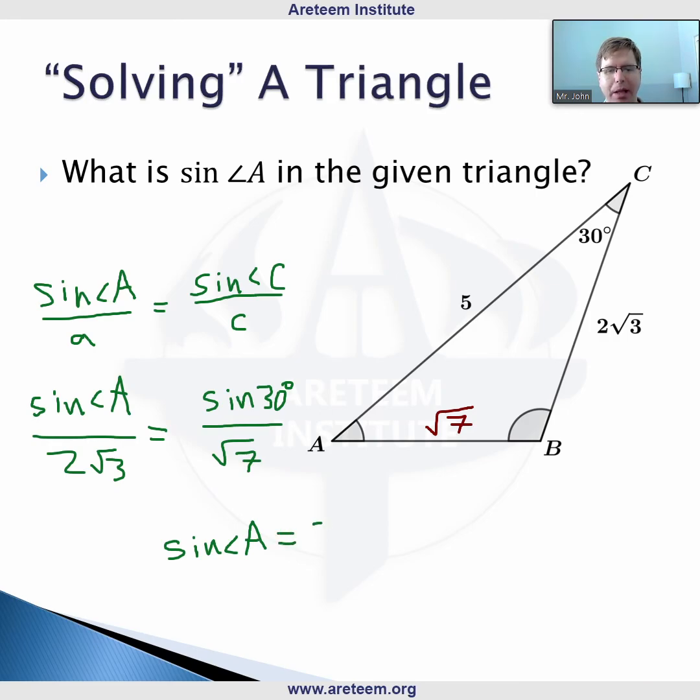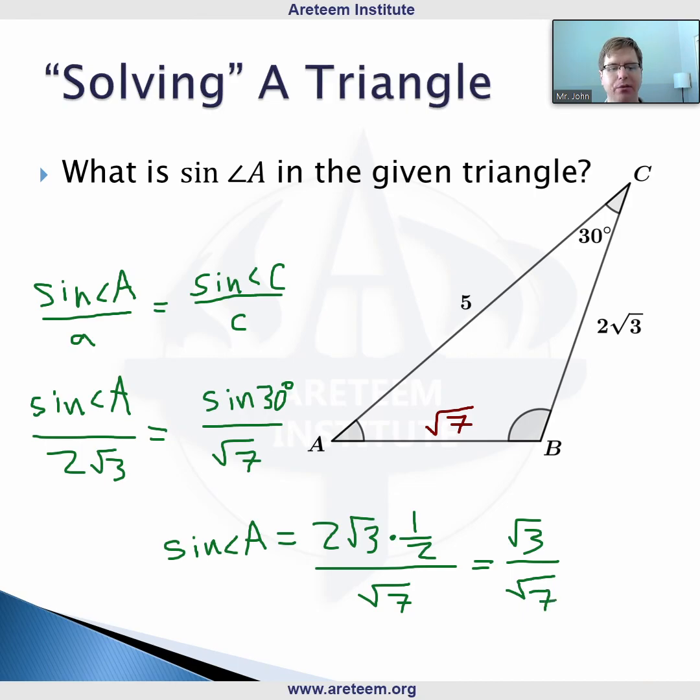If I multiply by 2 square root of 3, we have 2 square root of 3 times, what is sine of 30 degrees? Sine of 30 degrees is a half. So we have times a half, and then don't forget the whole thing is divided by square root of 7. After the 2's cancel, we get square root of 3 over square root of 7.